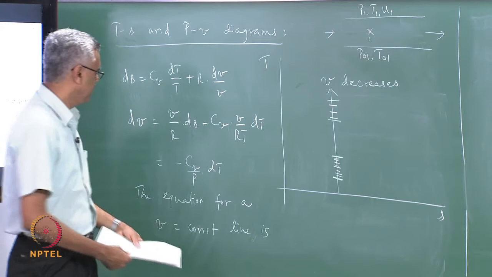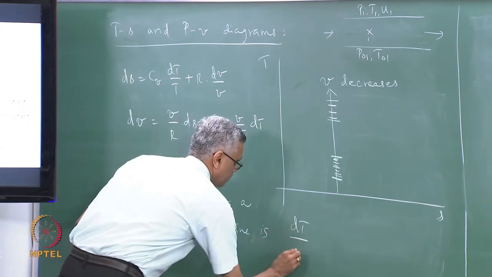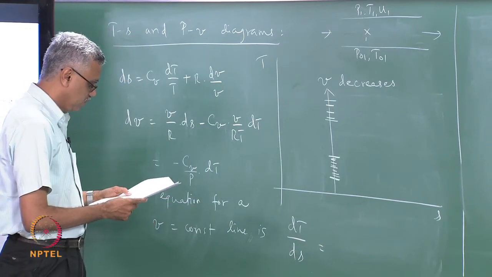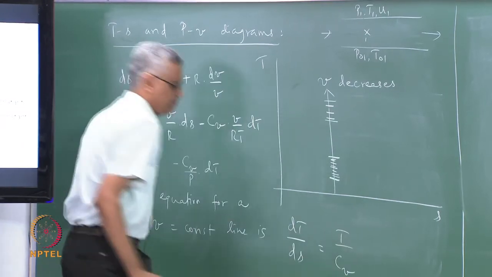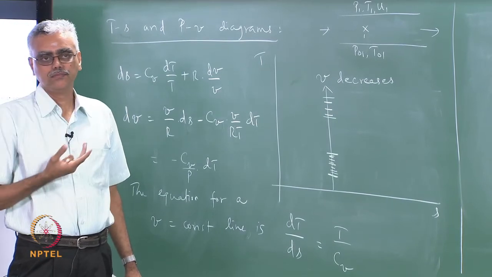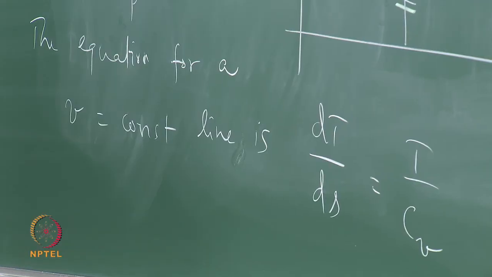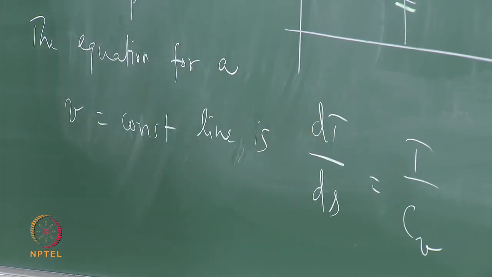So if I say dV equal to 0, then I can rewrite this equation and show that for such a line dT/dS is equal to T over Cv. This is a first order differential equation, dy/dx equal to some function of x. So this gives me the equation for a V equal to constant line.